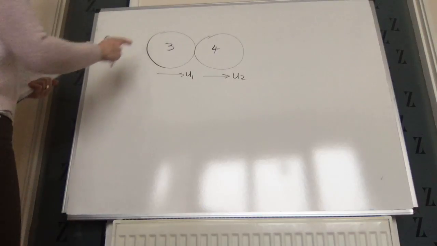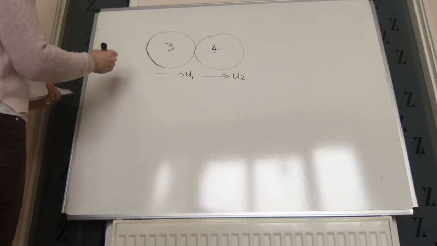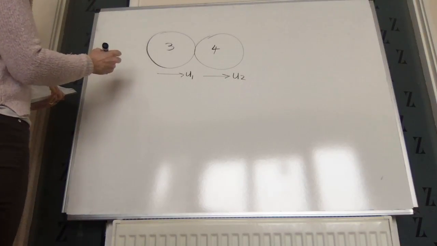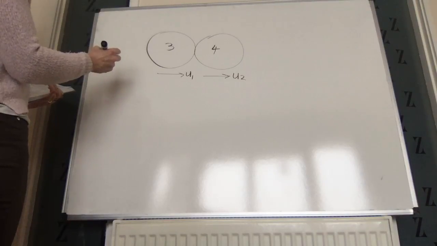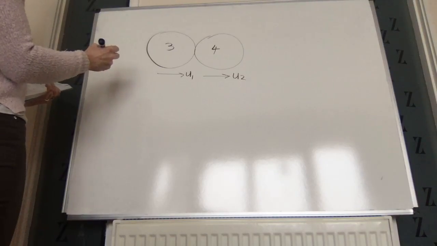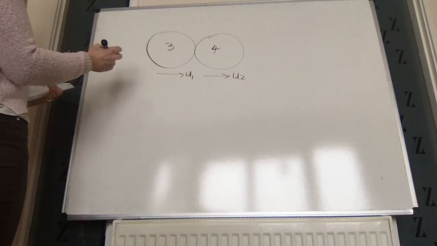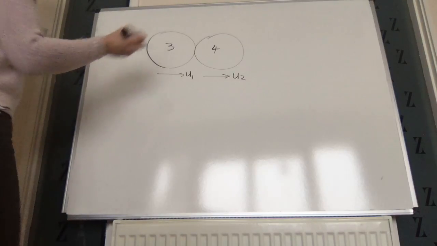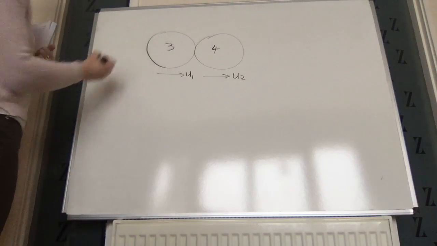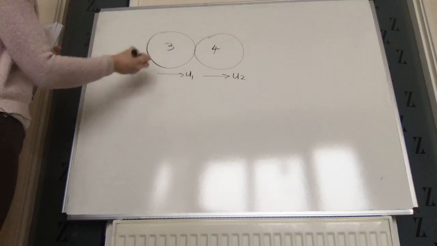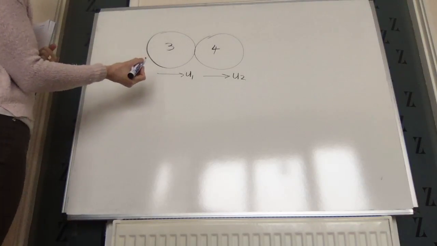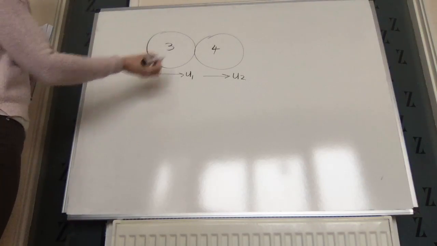Anyhow, to continue with this question, show that, okay, so we have a u2 and a u1, and we want to show that. You might have no idea how you're going to get to that answer in the end, but what you do all the time is your standard practice.